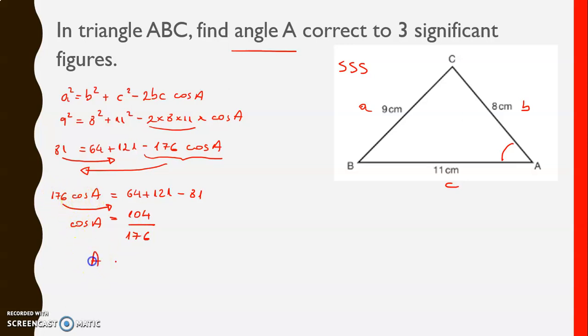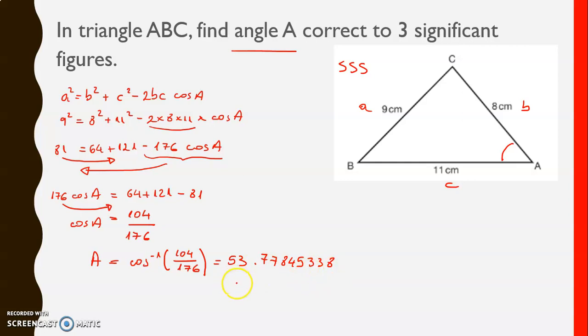Alright, and now we are going to work out the angle A. Remember, it is the inverse function of cos. So shift cos on your calculators, 104 over 176. Okay, which is equal to 53.77845338.